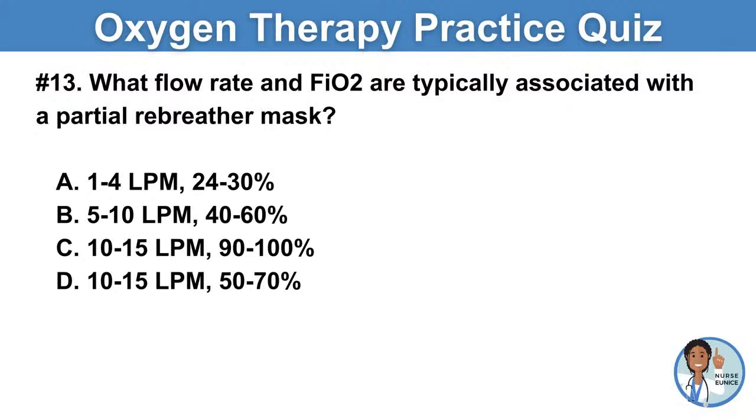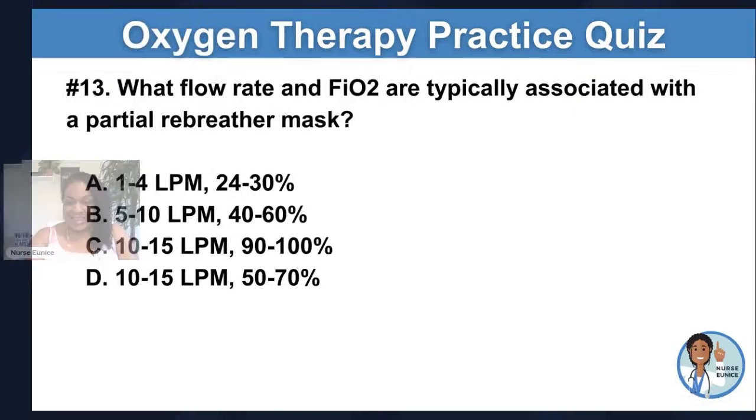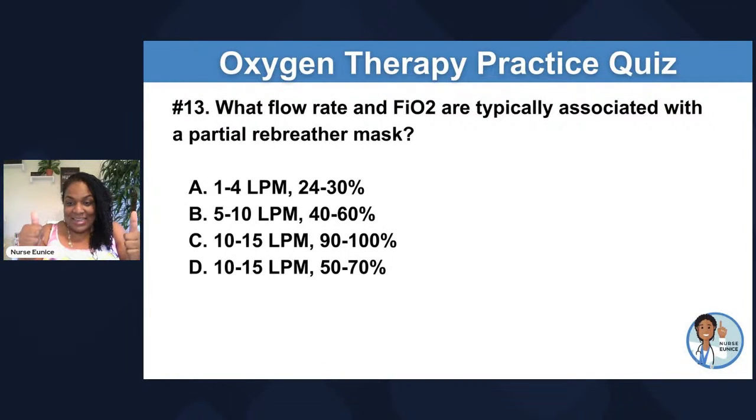So is it 10 to 15 liters per minute at 90 to 100% FiO2, or 10 to 15 liters per minute with 50 to 70% FiO2? I think Chrissy and Lynn, I think you all have it.